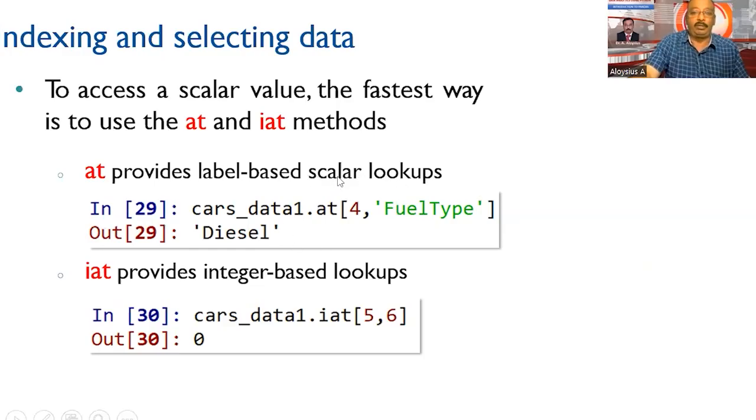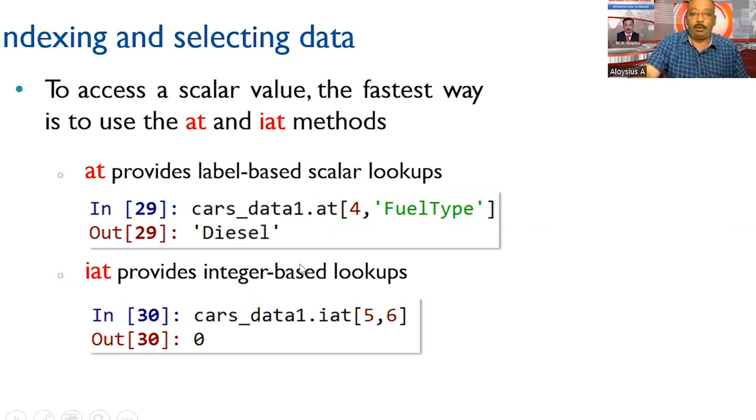For example, if I want to find out the 4th row in the column named fuel type, what is the value available, I can select the data by specifying cars_data1.at, followed by the row and the column name. So the 4th row under fuel type, what is the value? And you get the result diesel. Under fuel type, you have diesel, petrol, gas, and so on. So under this row, you have this value diesel.